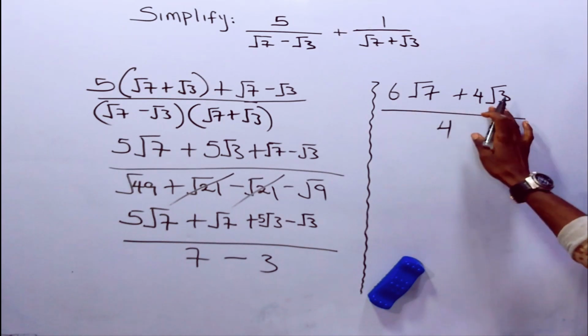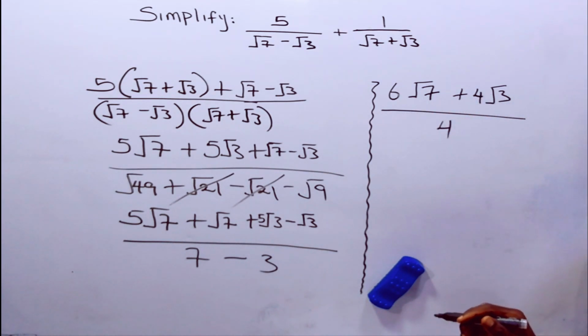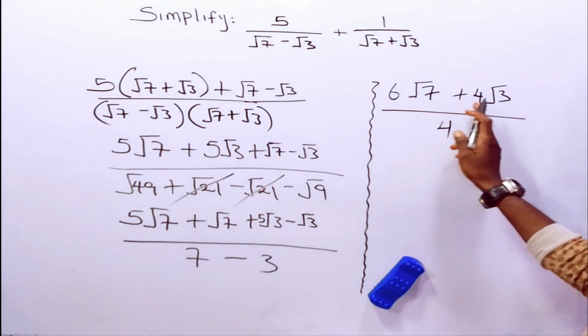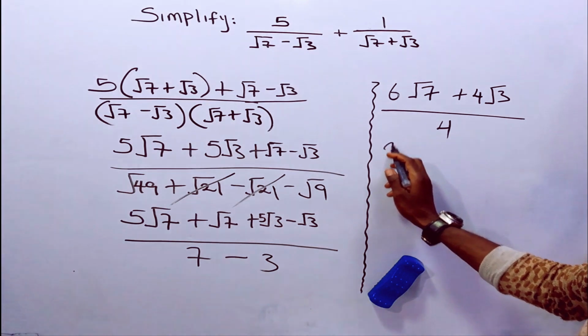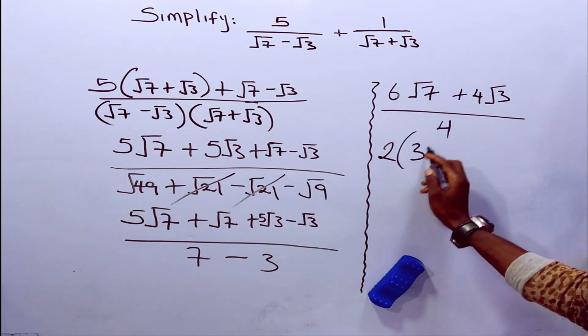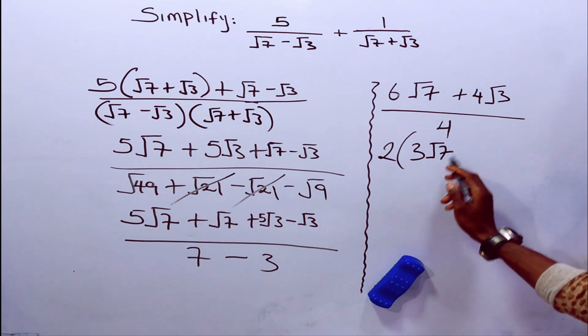Now, we can't add this. And since we can't add this, let's factorize it. The common factor between 4 and 6 is 2. So that 6 root 7 divided by 2 will give us 3 root 7.